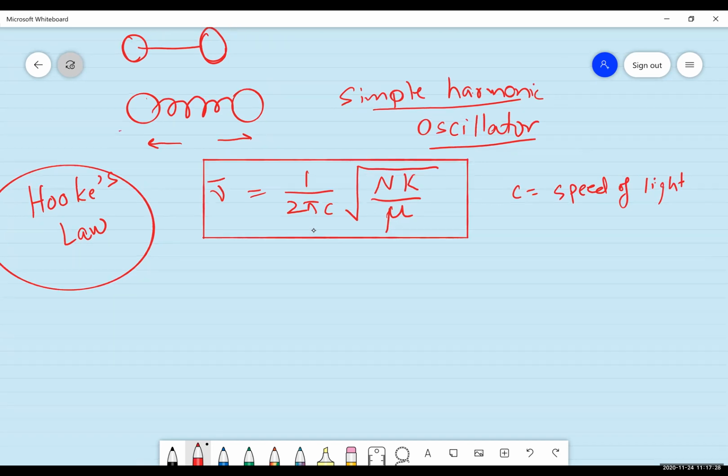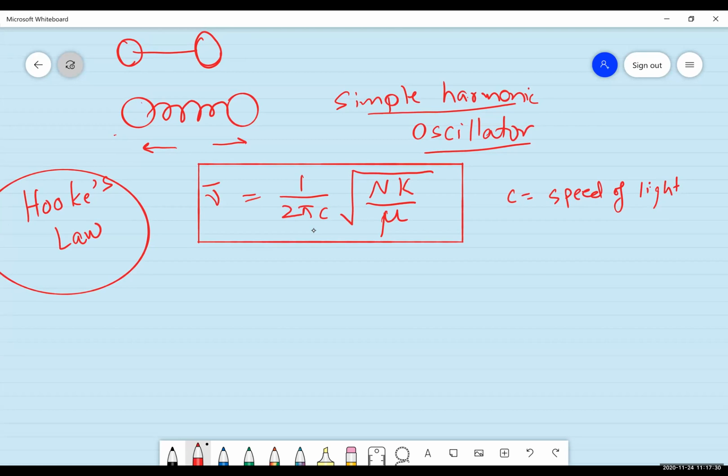Let me first give you what they are. So c is speed of light, that's a constant value. N is Avogadro number, that's also a constant value. So K or kappa, this is a force constant.